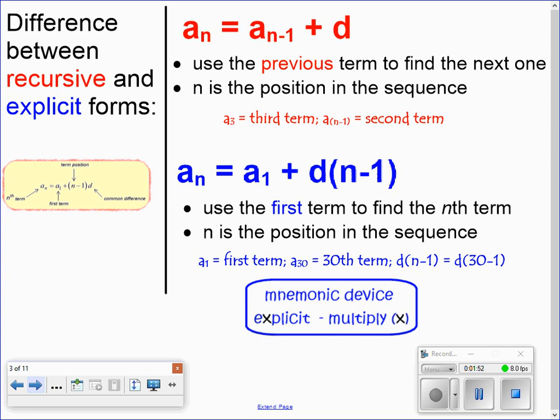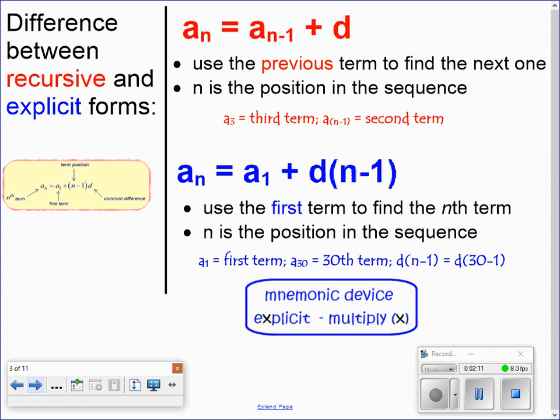The explicit formula uses the first term, so there's the difference there. Recursive uses the previous, explicit uses the first term, and it uses the first term to find any term, the nth term, any term in the sequence.